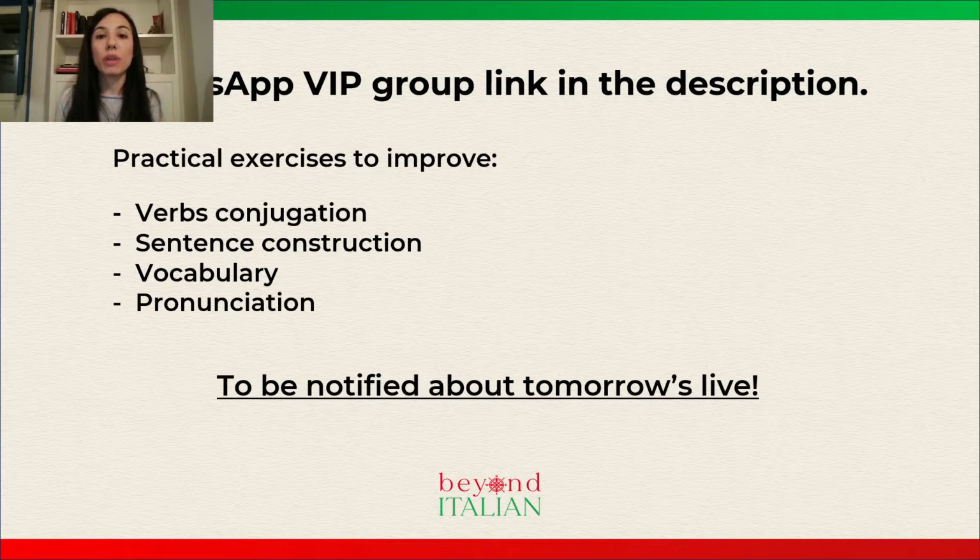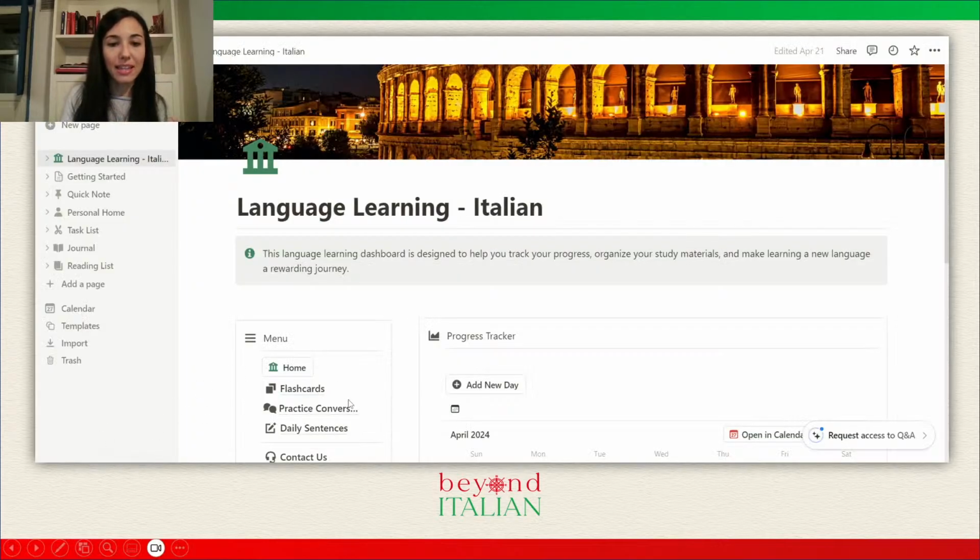And I encourage you to do the same, to build a sentence with this verb. After that, you can take the sentence that I wrote and the sentence that you write and add them to Notion here, daily sentences. You can add the verb that I decide to conjugate here on flashcards.